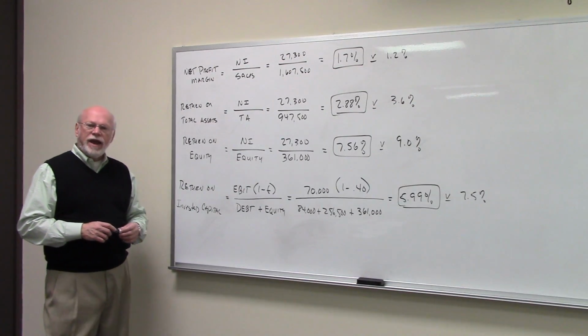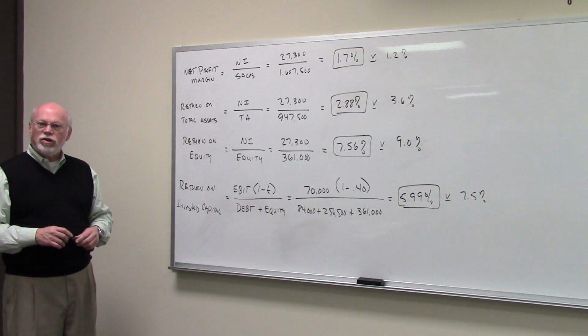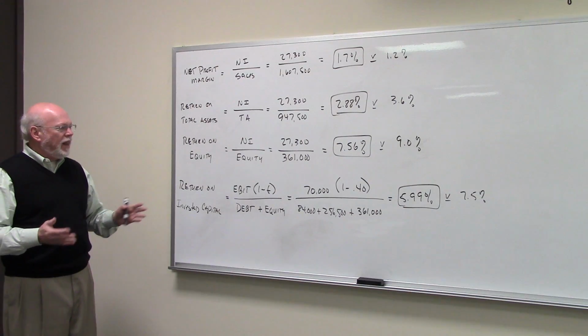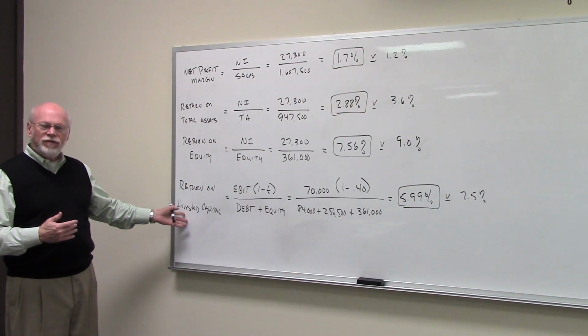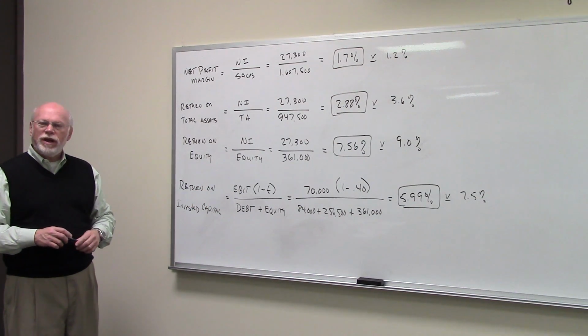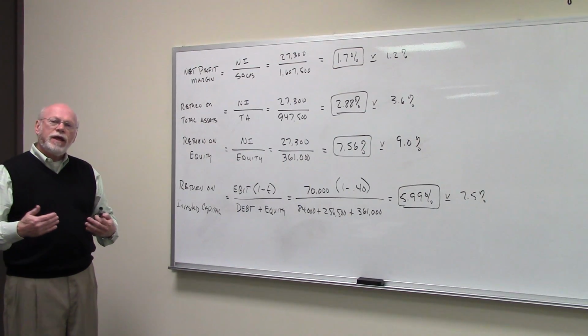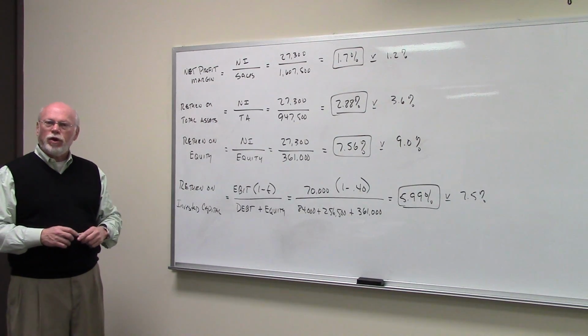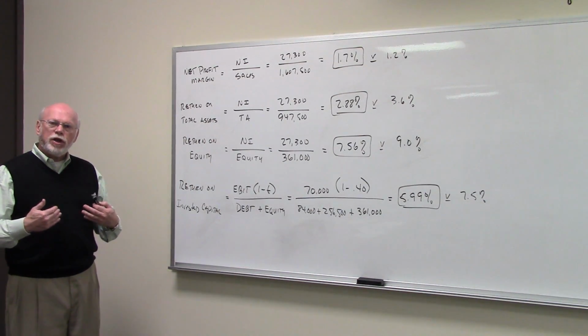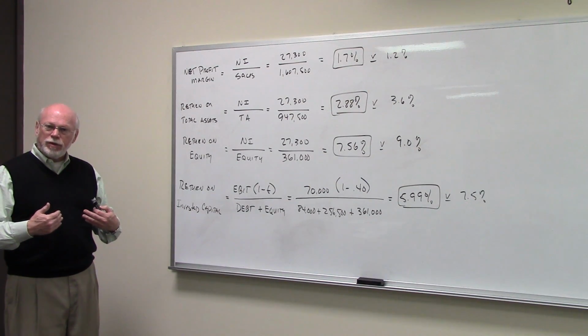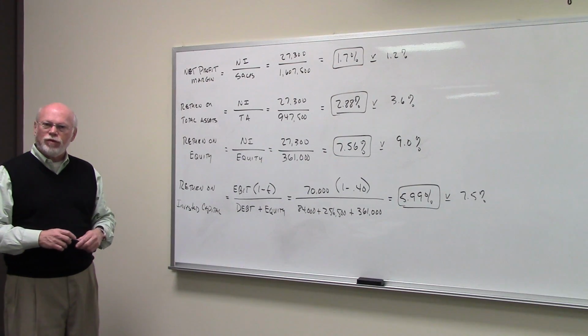To that, you would add the equity of the company, $361,000. And that gives Berry Computing a return on invested capital of 5.99%. The industry average, 7.5%. So Berry Computing's ability to generate earnings off the invested capital is below that of the typical firm in the industry.